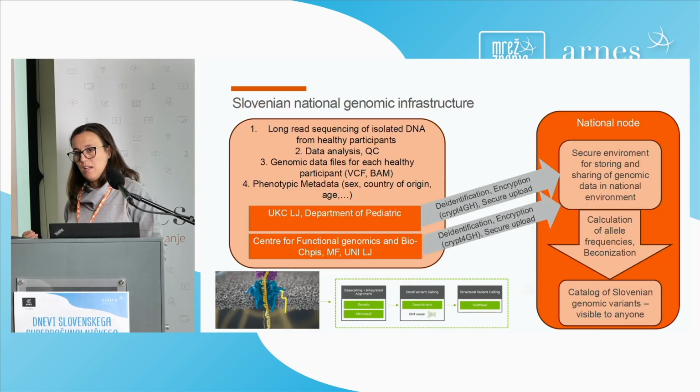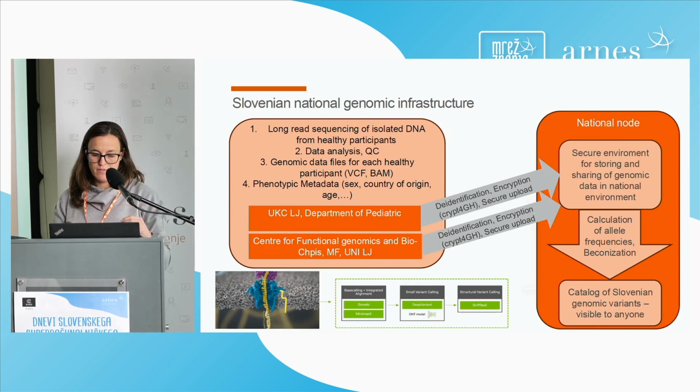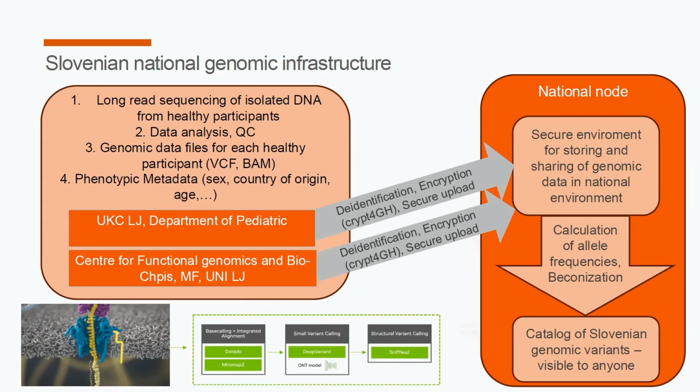From our perspective, in more detail, we have sequencing at our institute and at the Institute of the Medical Faculty. We sequence the data, do the data analysis and all the QCs that need to be evaluated, so that the data are of high enough quality.